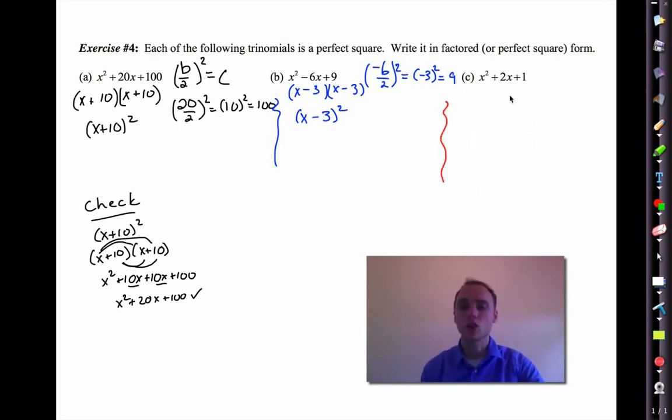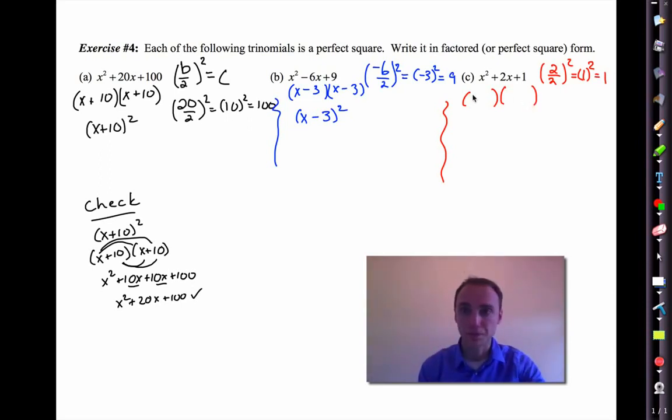Now, why don't you check to make sure the relationship holds true here, and then factor it. So pause the video now. All right, now let's go through it together. So if I take my b term, which is 2, and divide it by 2 and then square it, that gives me 1 squared, or 1. And that tells me when I factor it, I should get a perfect square.